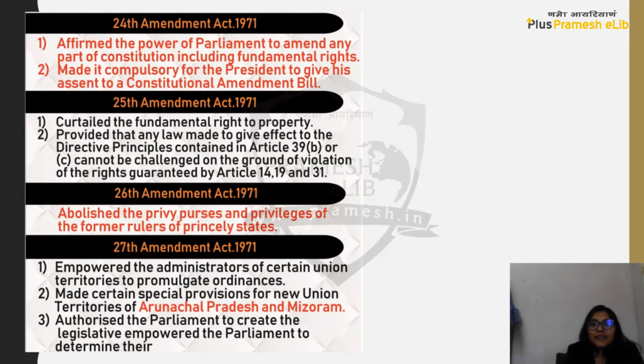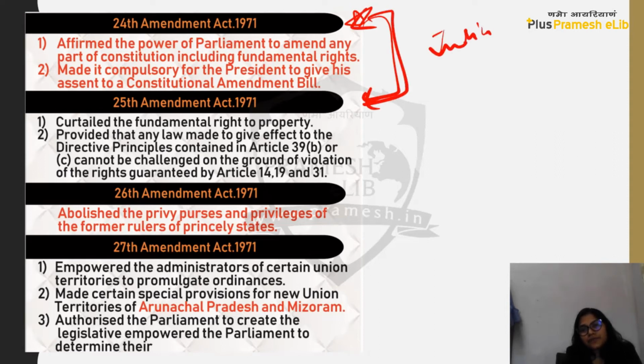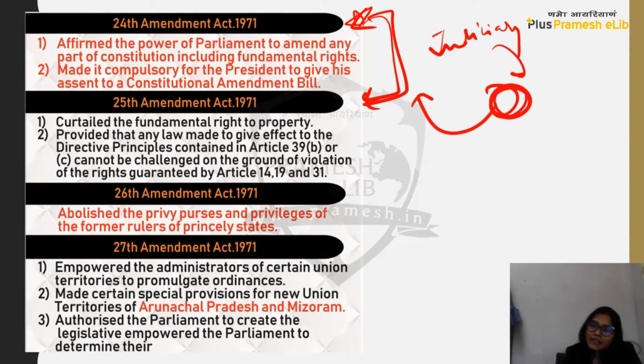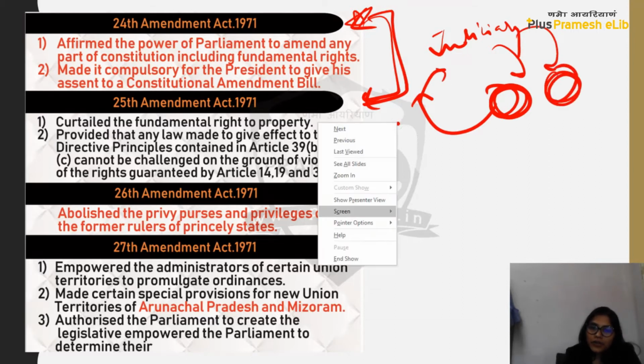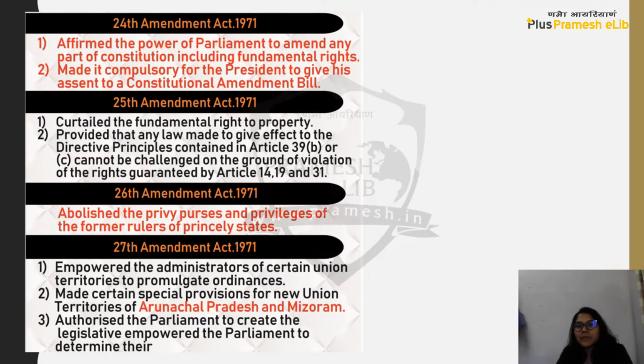Then you come to a very important pair of amendments, because they are related to the judiciary. The judiciary passed something, then this act was passed, and then again the judiciary quashed it, and then again some amendment act was passed. This was a cycle which was going on. Now we will start with the 24th Amendment Act, passed in 1971.